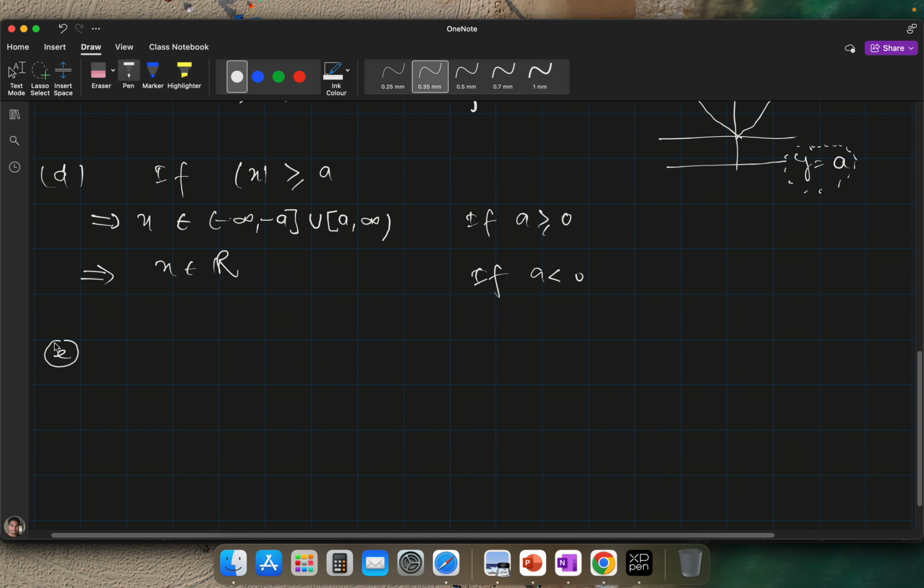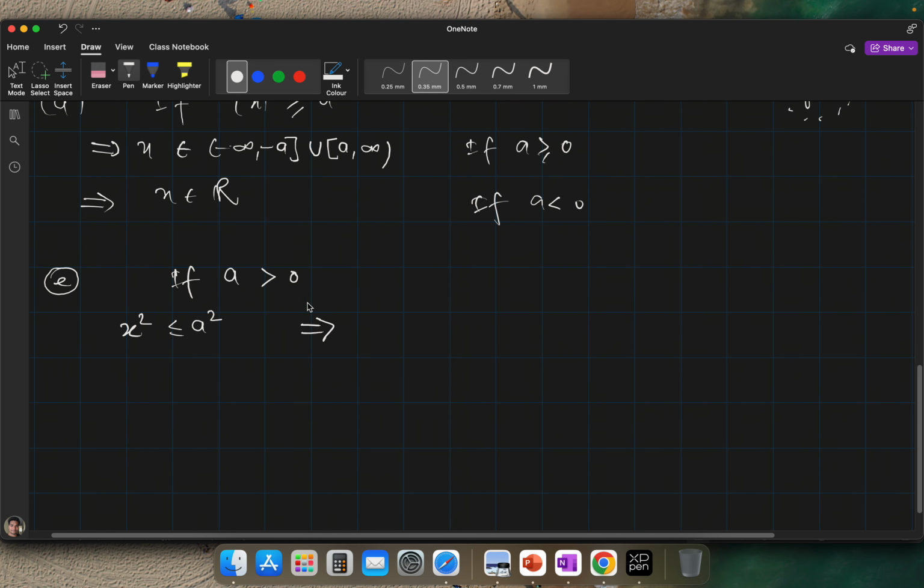Now I will ask one more question. If a is greater than 0, and I have the inequality x square is less than a square, then what is the solution set?